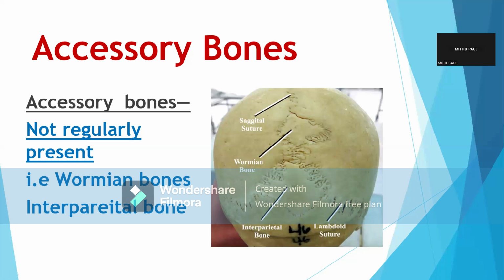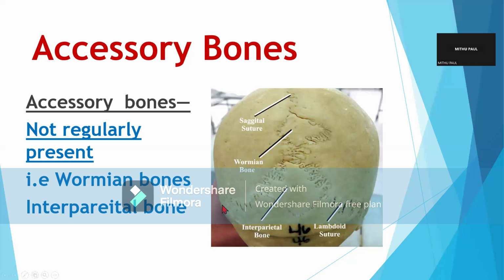These are very small and worm-like, so they are known as wormian bones. How many of them will be present in one individual? No one knows. Depending on the presence of accessory bones, the count goes on increasing.